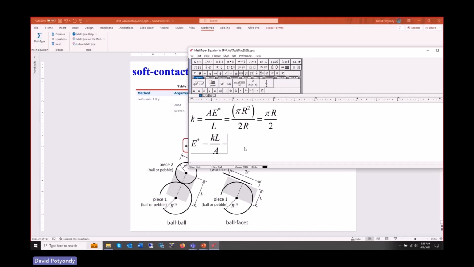E star equals, well, help me. K times 2R over pi R squared, which equals K times 2 over pi R. Did I get that right?